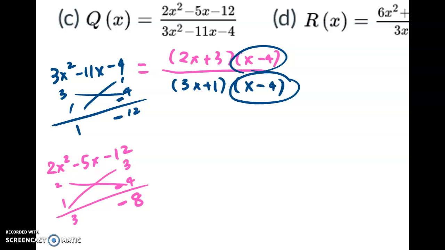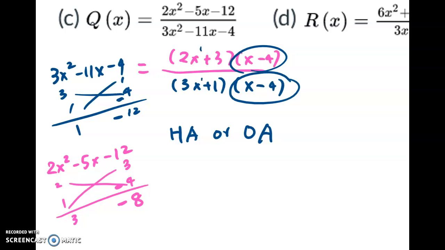Anyway, the problem is asking us what is the horizontal asymptote or oblique asymptote. So first let's decide, do we have horizontal asymptote or oblique asymptote? What do we compare? We compare the degrees, right? So the degree on top is, you can see the simplified version, it will be 1. And the degree at the bottom is also 1.